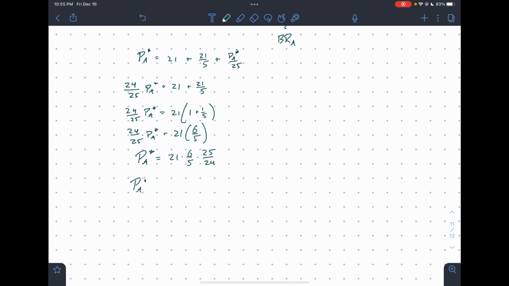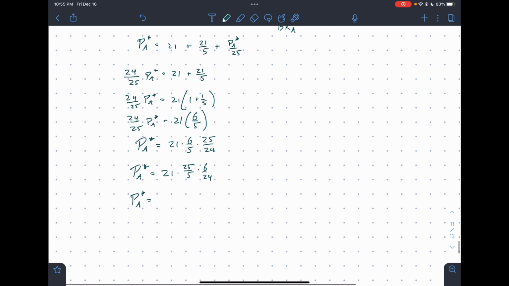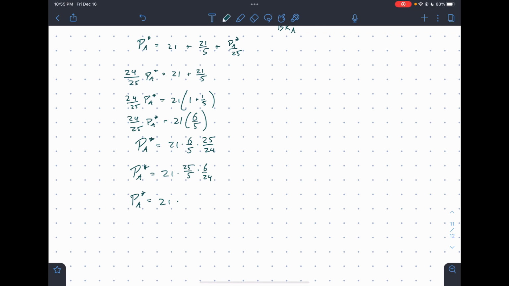So PA star is equal to 21. I'm going to group these. It's 25 over 5 times 6 over 24. I know I'm showing a lot of steps. I feel it's better to show too many steps than too little. So this is 21 times 5 divided by 4, because 25 divided by 5 is 5, and 6 divided by 24 is 1/4.